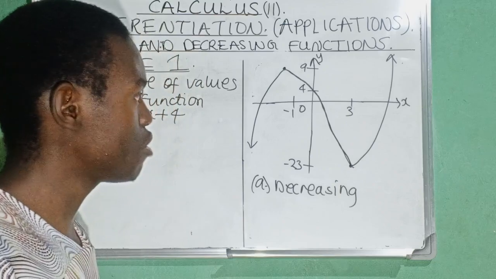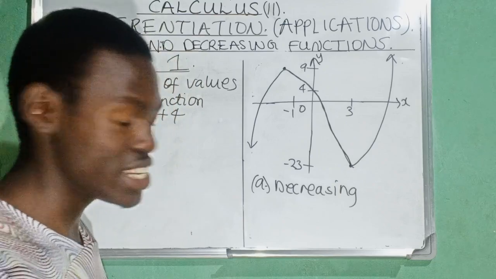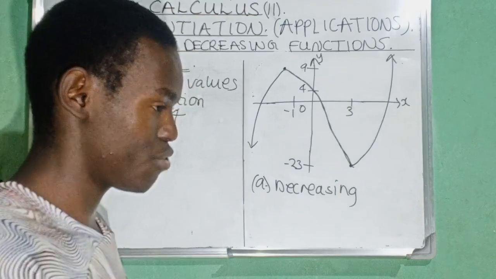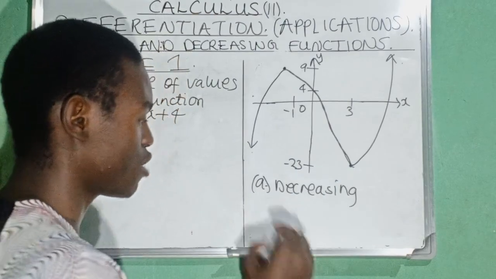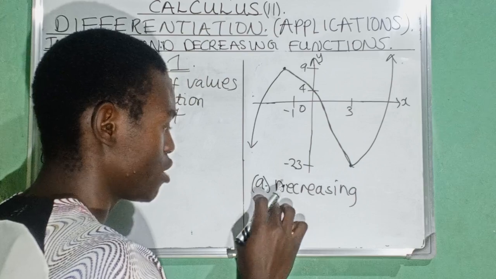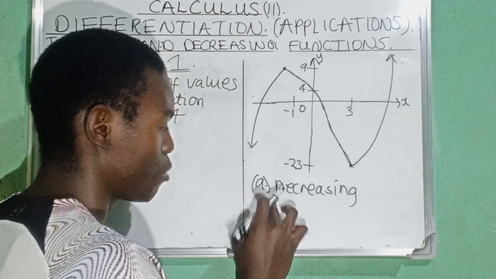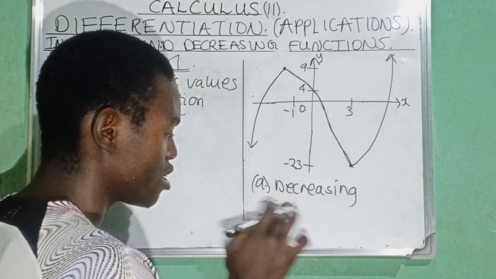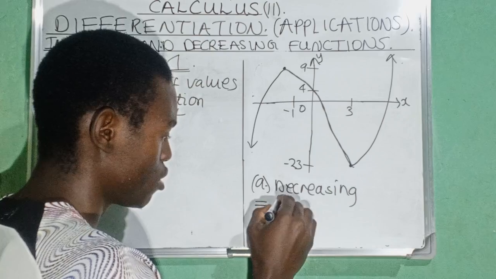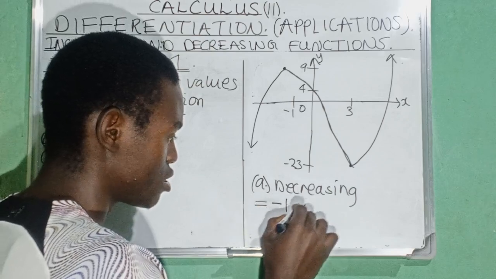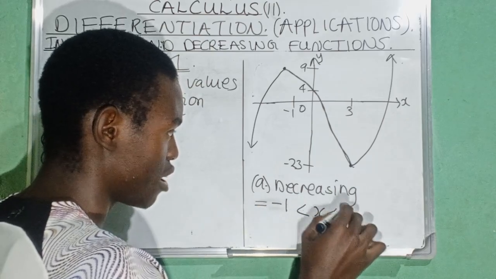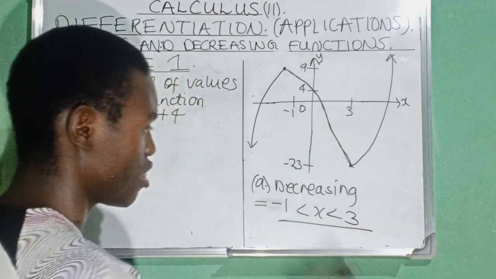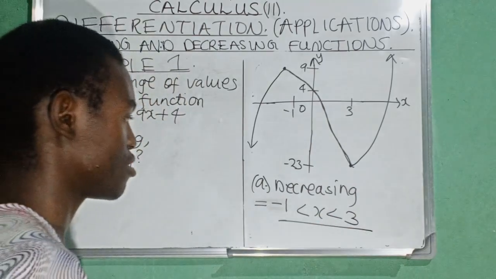And if you check the curve, there are no other points where it's decreasing. So if they ask you where is it decreasing, you say between -1 and +3. You write that as -1 is less than x, and x is less than 3. That is where it is decreasing.